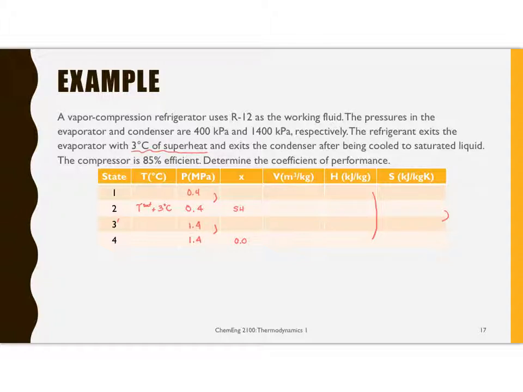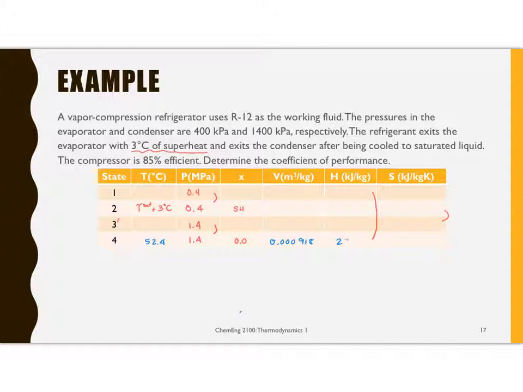So if we go to data tables and begin looking this stuff up, then what I find, now we don't have these tables, so you're going to have to take my word on it for some of this or go look in other sources. But at 1.4 megapascals at saturation, the temperature is 52.4 degrees C. The volume would be 0.000918.